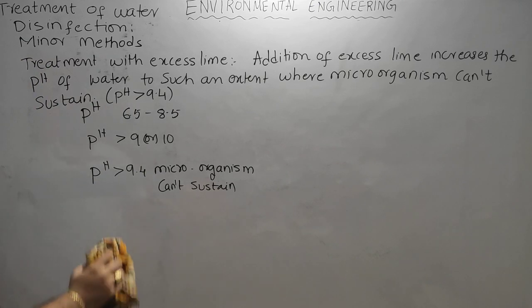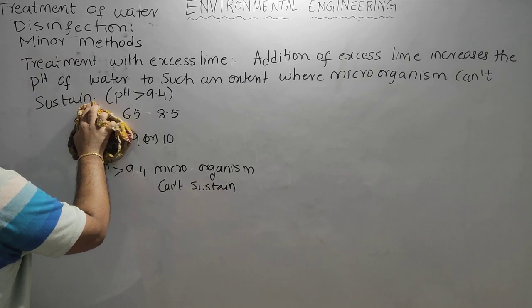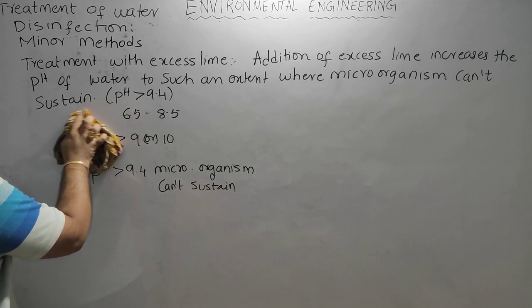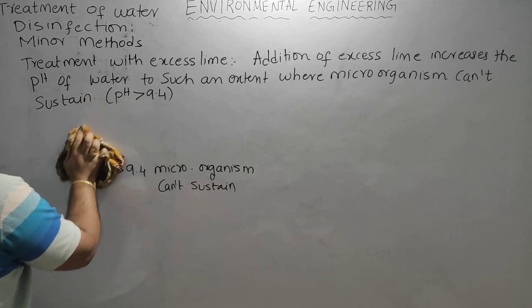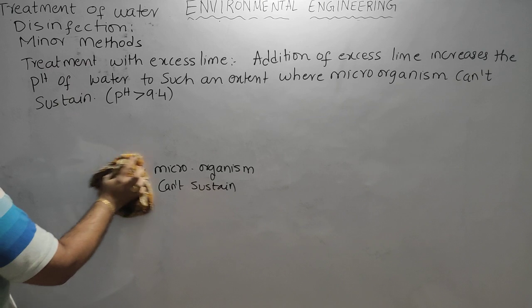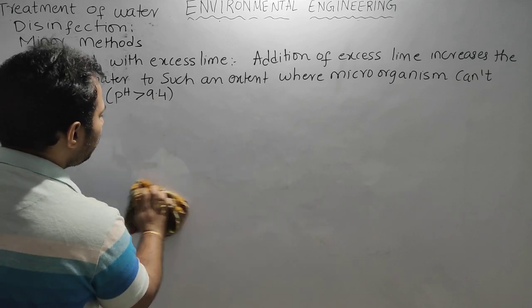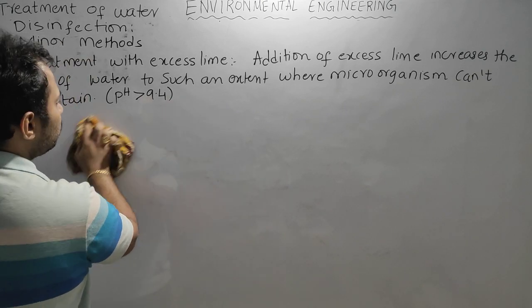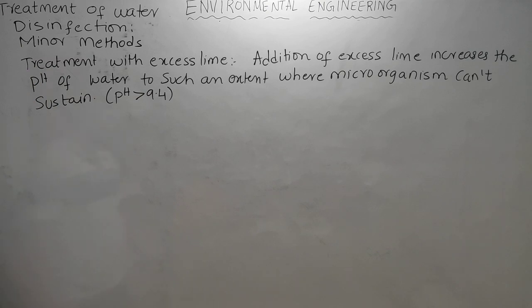Now if you keep the pH like this, humans also cannot sustain. We also die when we drink this water. So once the treatment is over, once the killing of bacteria is over, we need to reduce the pH.